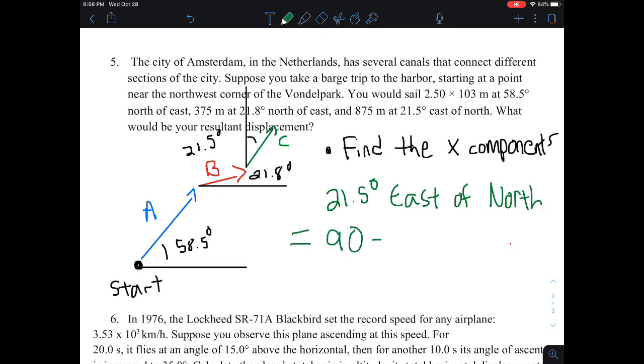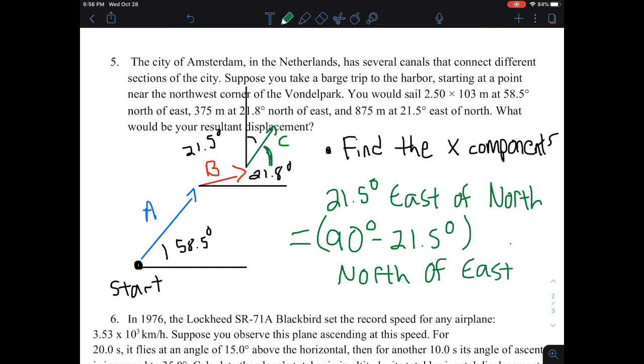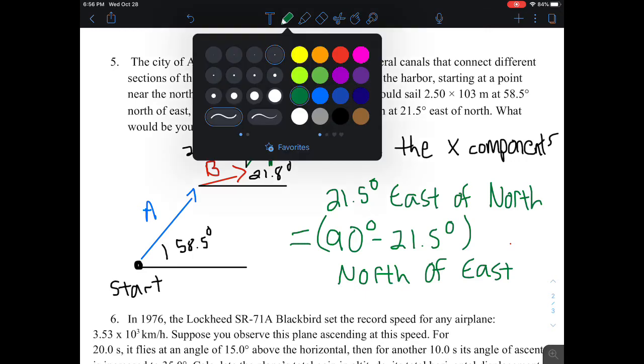Let's put them together. Together they make 90 degrees, right? North and east are a 90-degree angle. So 90 degrees minus the angle we're given is the one that's north of east, the same kind of angle that we used for vectors a and b.